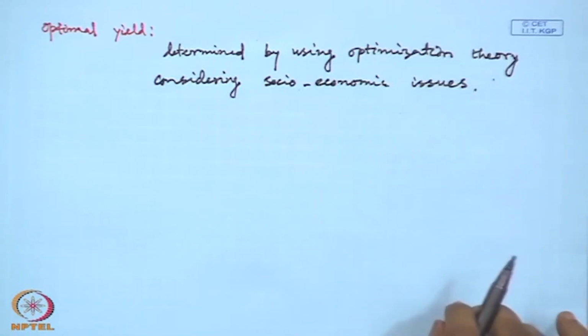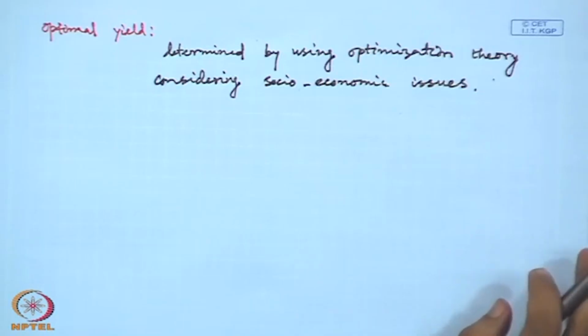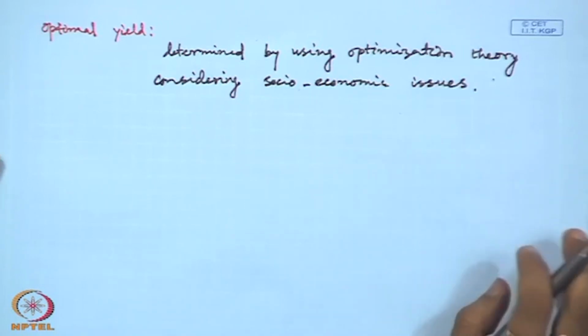So, optimal yield of an aquifer is determined by selecting optimal management approach for any particular aquifer.